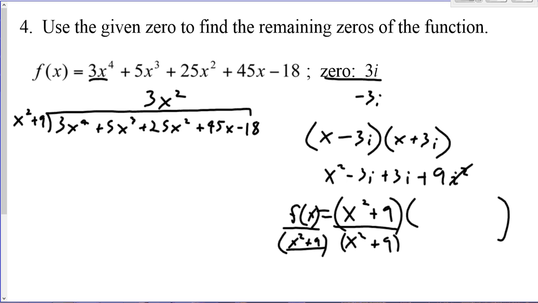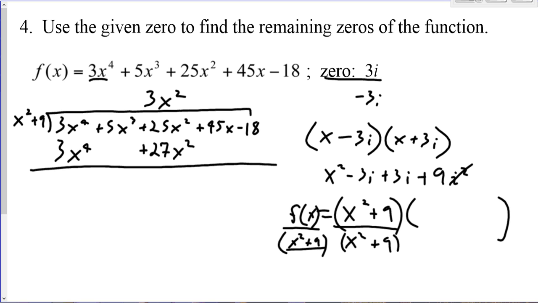Multiply that through, and I get 3x to the fourth plus 27x squared. I need to remember to subtract, so I'm going to change the signs. That goes to 0. This drops down 5x cubed. That 25 minus 27 is going to be minus 2x squared plus 45x minus 18.